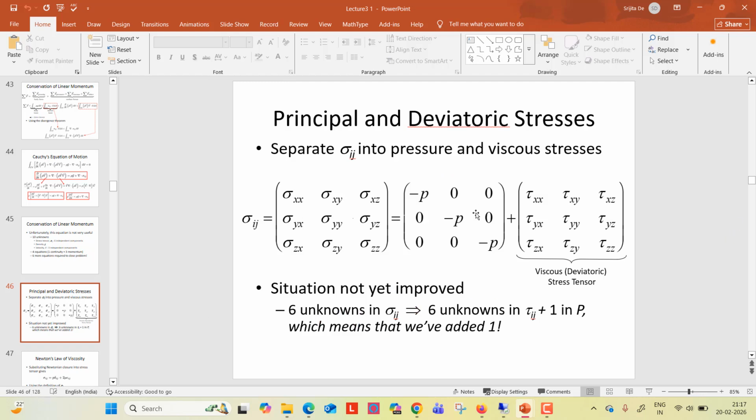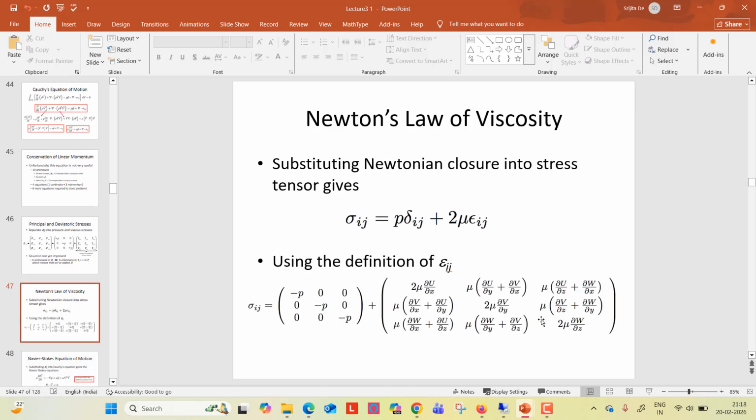So it is again 7, and the situation is still the same. Then how will you solve? You cannot solve the Navier-Stokes equations in their original form, so to get some analytical solution or some idea of how the flow is happening, you have to take lots of assumptions, and that is how these expressions come. This is the generalized form of Newton's law of viscosity.